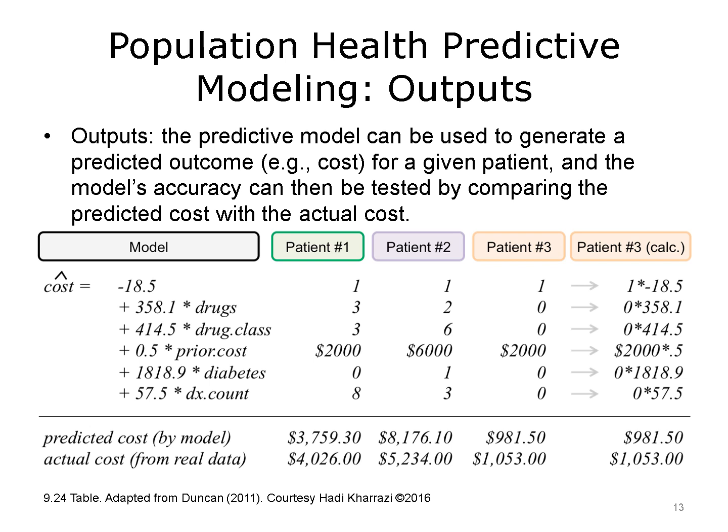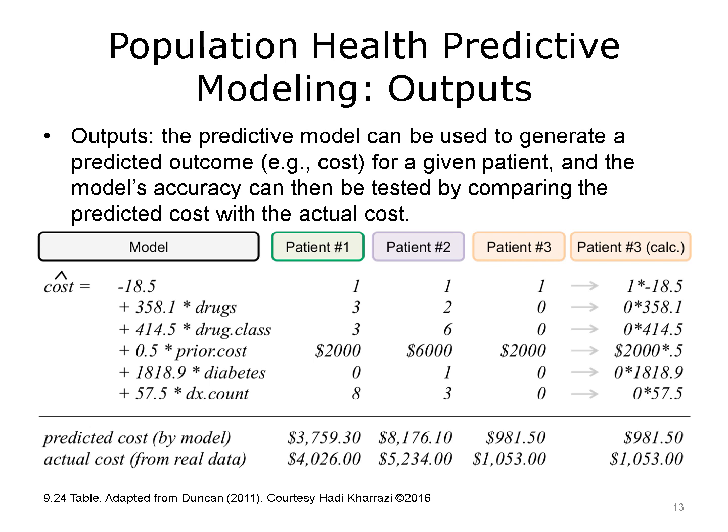On the far right side, the figure shows how each of the coefficients of the model are used to calculate the cost for patient number 3. This patient does not have any diagnosis and is not taking any drugs, but has had a prior cost from the base year of $2,000.